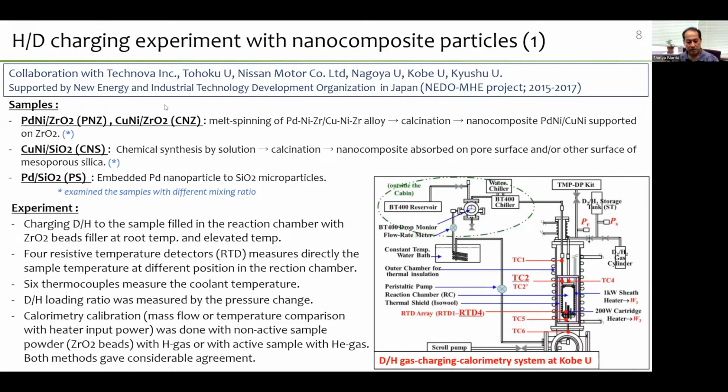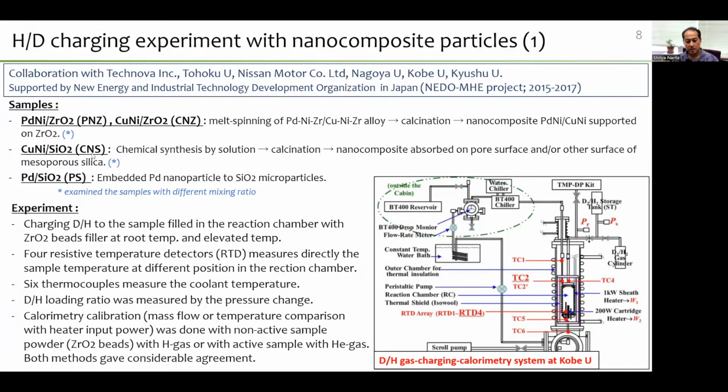And in this experiment, the following samples were examined. First, palladium, nickel, zirconia, PNZ, and copper, nickel, zirconia, CNZ samples. These were prepared by the melt spinning method. And the second one is the copper, nickel, silica, CNS sample.